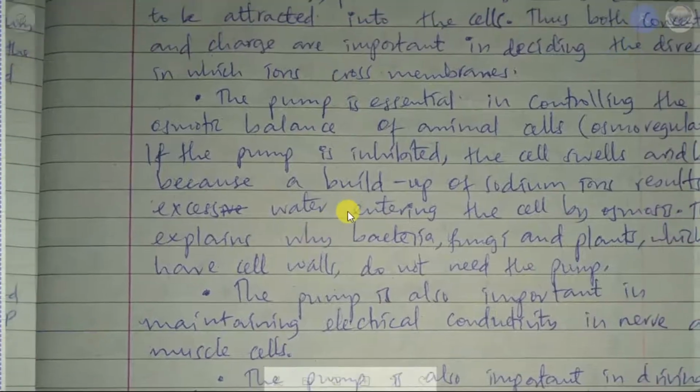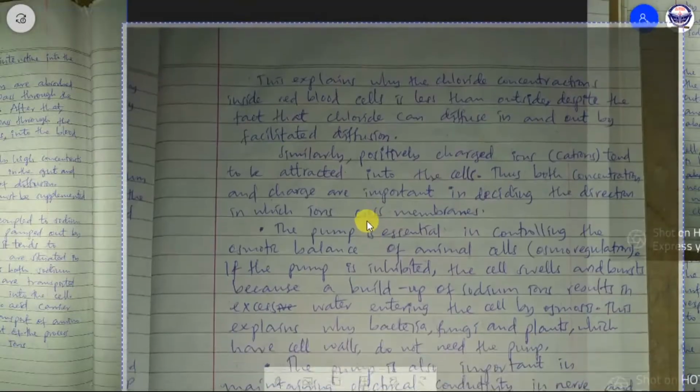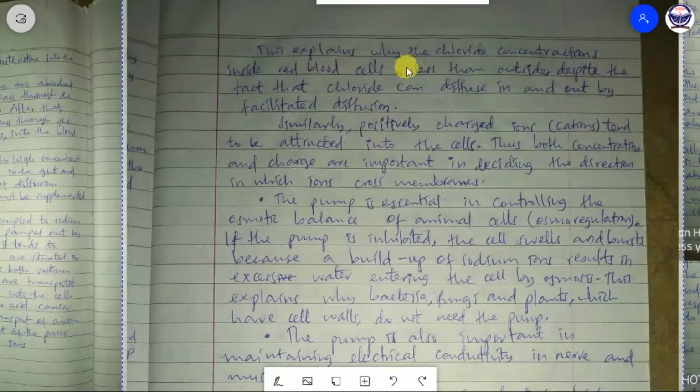So now, this explains why the chloride concentration inside the red blood cell is less than outside, despite the fact that chloride can diffuse in and out by facilitated diffusion.